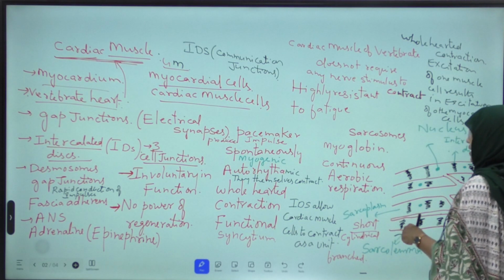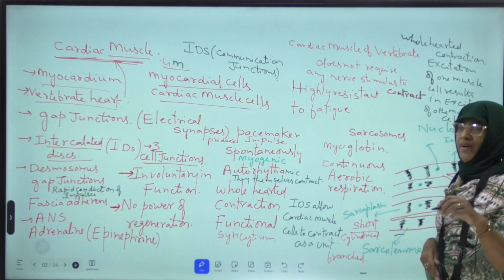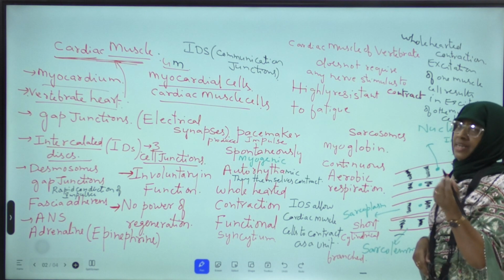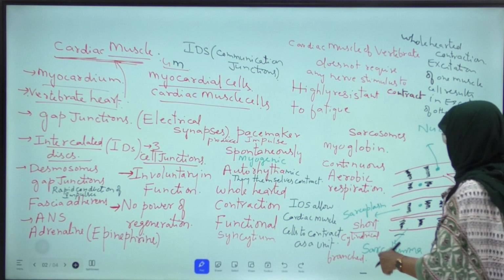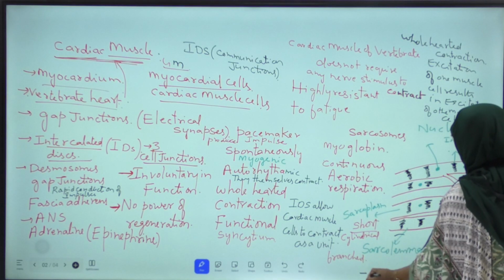The ends of the cardiac muscle cells are branched. The branches of one cardiac muscle cell are connected with the adjacent cardiac muscle cell.